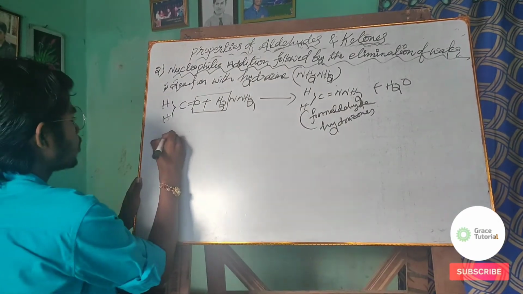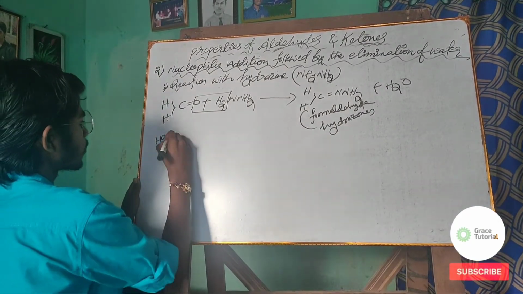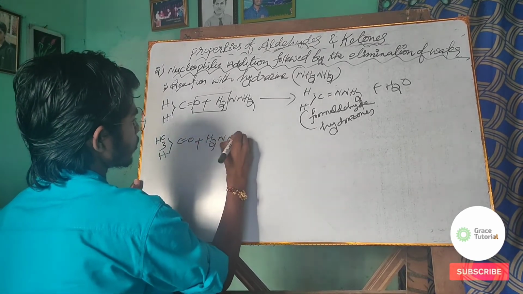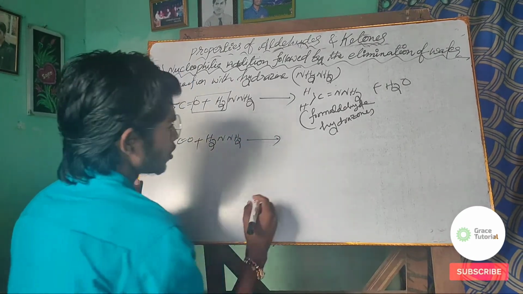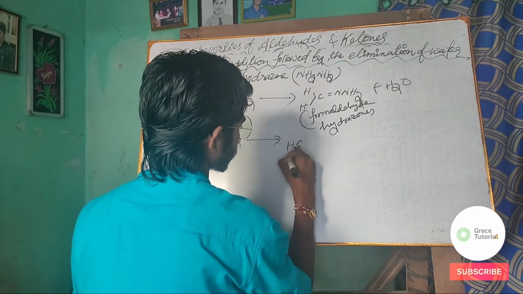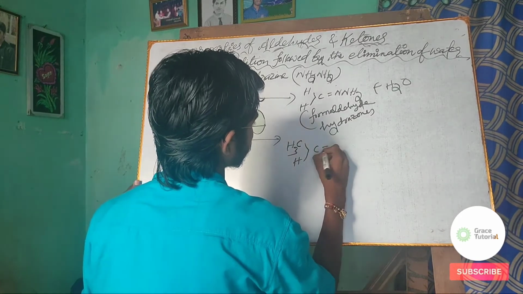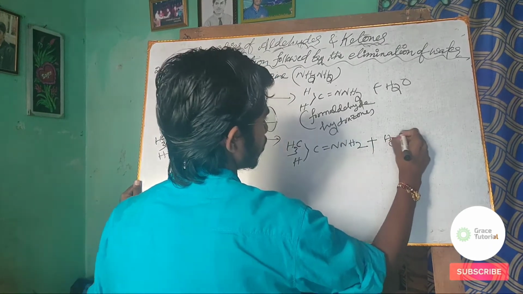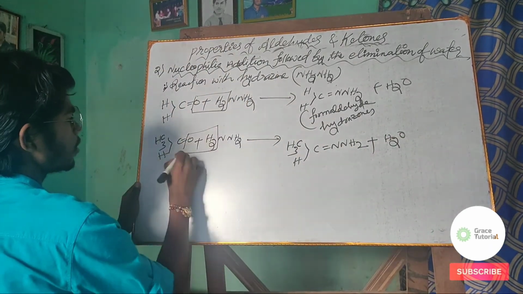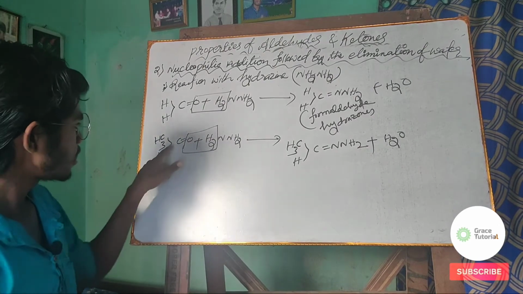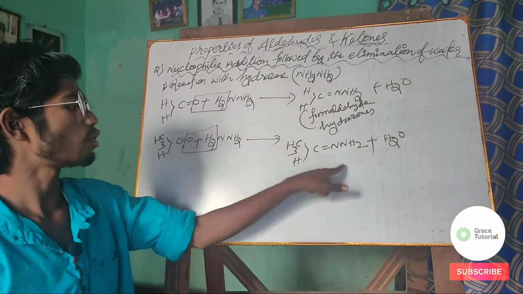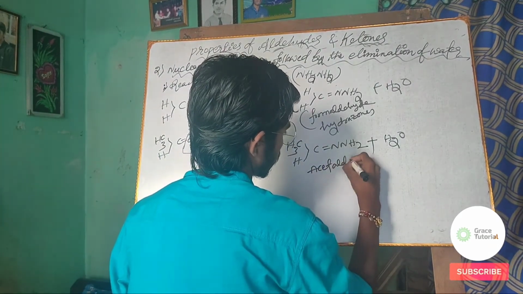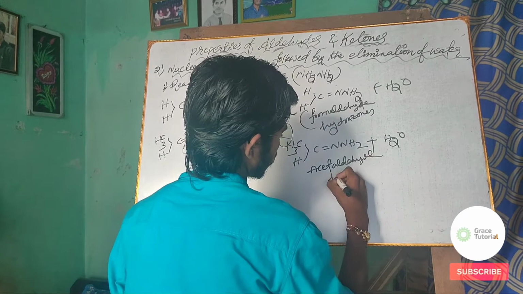Similarly, if you take acetaldehyde and react it with hydrazine, the water molecule will be eliminated from here, and CH3HC double bond NNH2, that is acetaldehyde hydrazone.